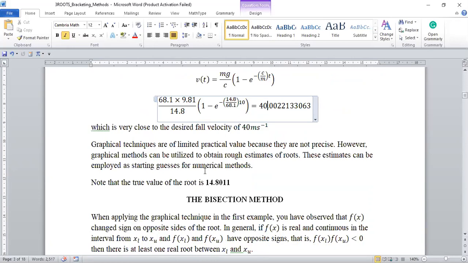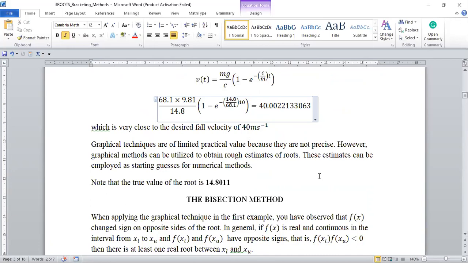The graphical method is not so accurate actually, and is not so precise because it's just an estimate. Because I'm using a computer to plot the graph, it's much closer.